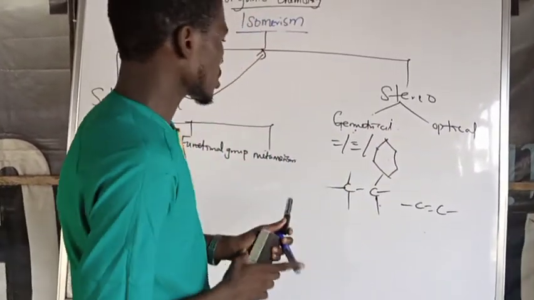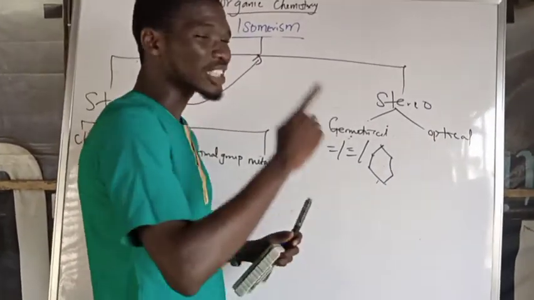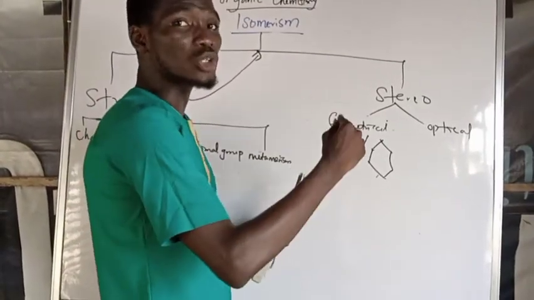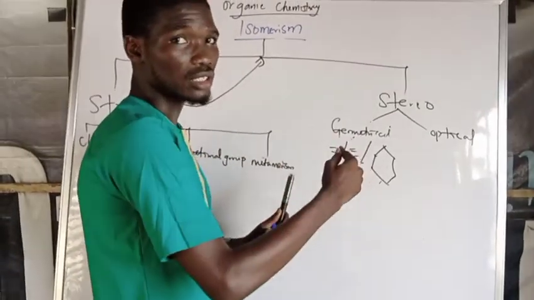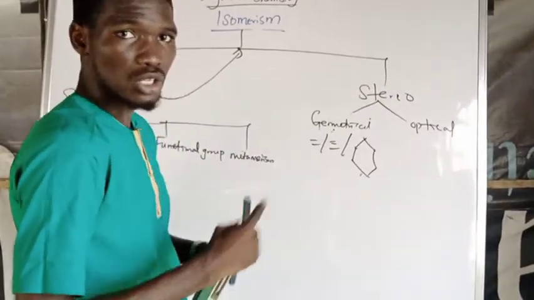So with that, under geometrical isomerism, we have cis and trans. In the cis, the methyl groups are on the same side of each other, while in the trans, the methyl groups are opposite to each other.